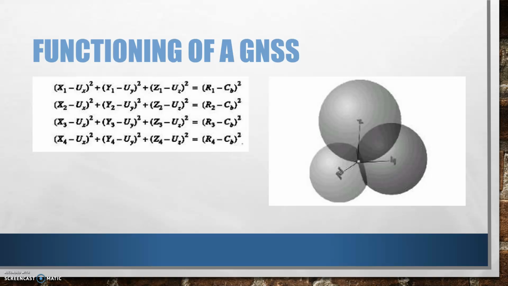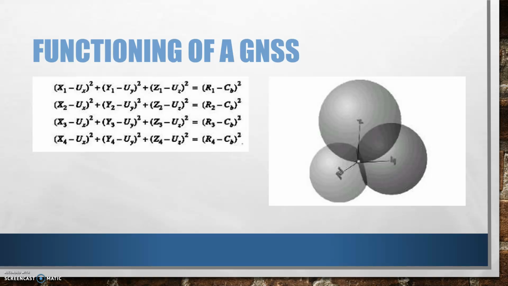So x1, y1, and z1 determine the position of the first satellite, and x2, y2, z2 determine the position of the second satellite, and so on. x4, y4, and z4 determine the position of the fourth satellite out in the space segment. And then there is ux, uy, and uz. That is the unknown user location on Earth.